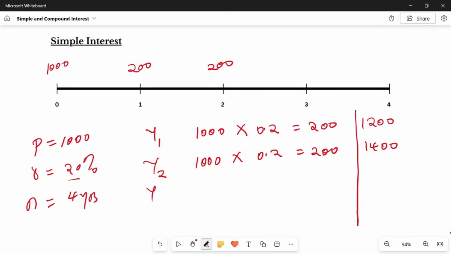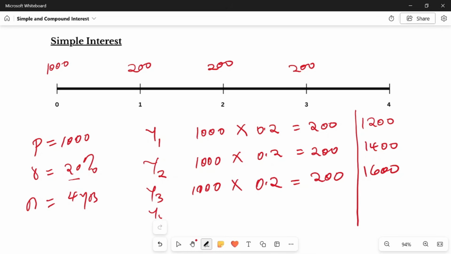Next, in year 3, we are going to have £1,000 multiplied by an interest rate of 20%. You're going to have 200. And it means that at the end of this period, you're going to have 1,600 as your balance. And now the interest you've earned here is 200.